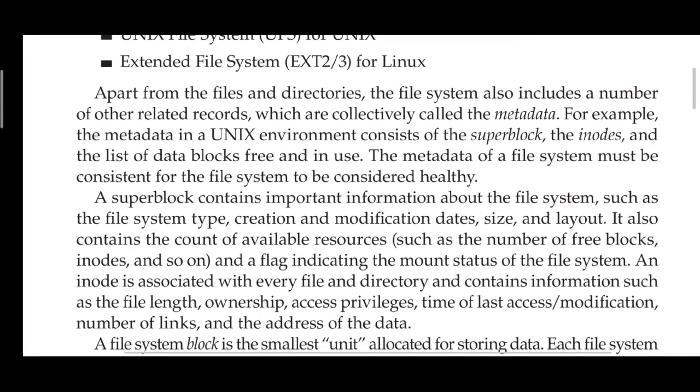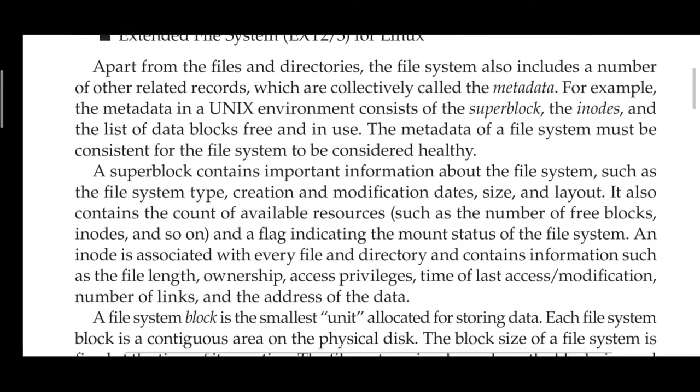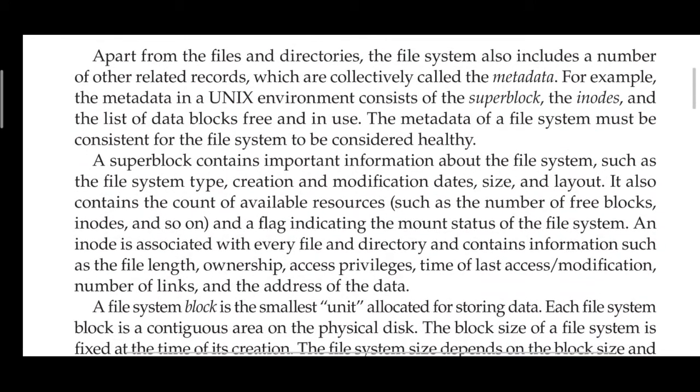A file system also includes the metadata, that is the information about the data, like super block, inode number, and so on. Such type of information will be stored in the file system. A super block contains important information about the file system, such as the file system type, creation and modification date, size, and layout.